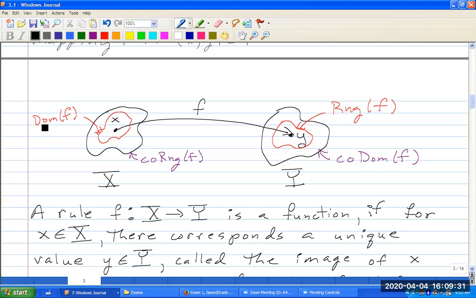The domain is such that it has an image under the map.